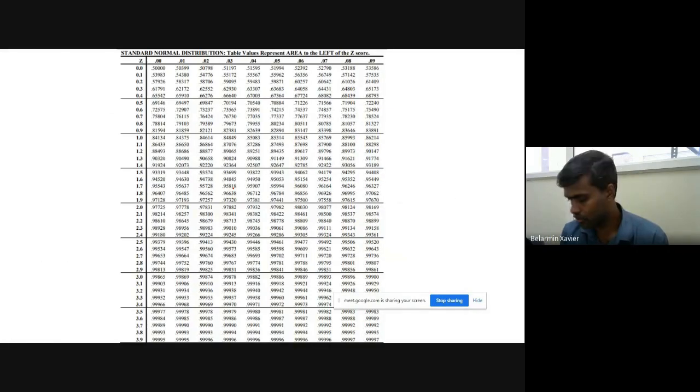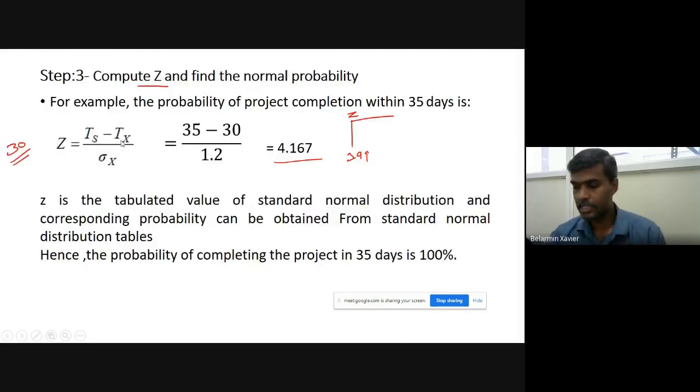So we can go through the table. This is a standard normal distribution table for z value. You can see 3.9 on the x-axis and 0.09 on the y-axis. It means 3.99 is the maximum, and you can see 0.999997, which means 99.9997 percent it will come. But we obtained z value greater than 4.